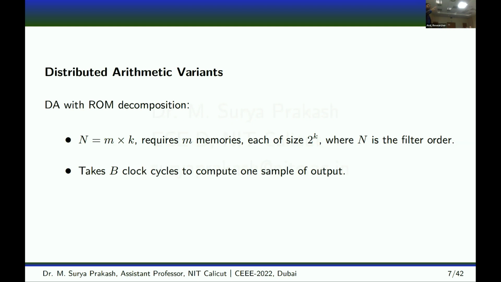This is based on splitting this particular N in terms of M and K. Here we will use M small sized memories, and the size of each memory is 2 power K. And this also takes a total of B number of clock cycles for computing the dot product of 2 vectors, just like the basic DA processing unit.